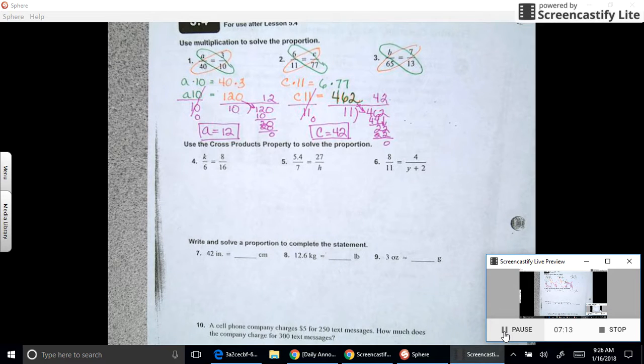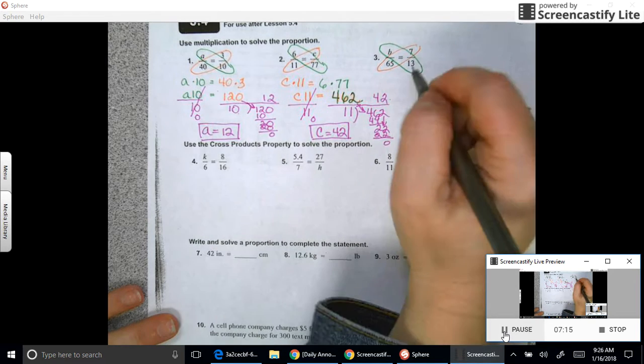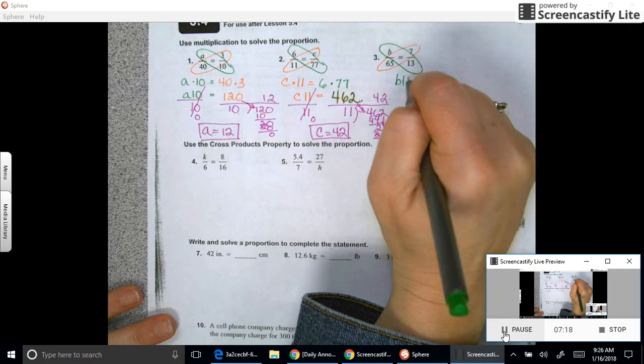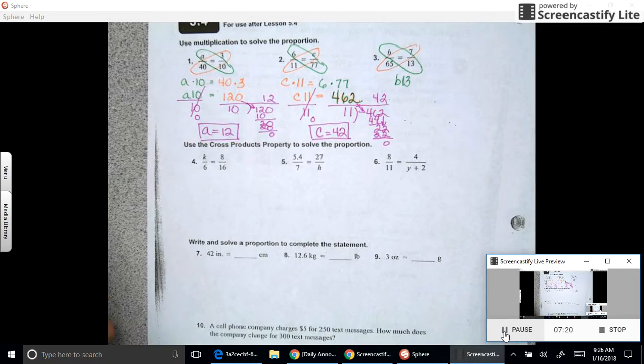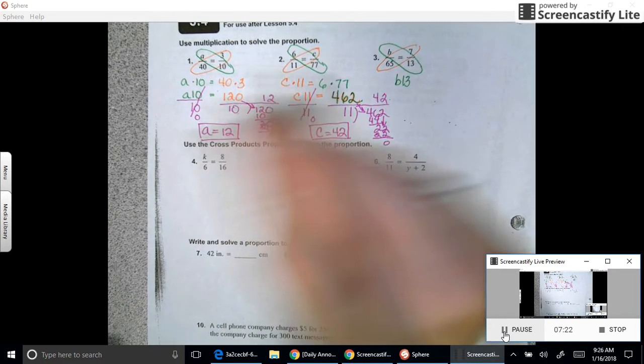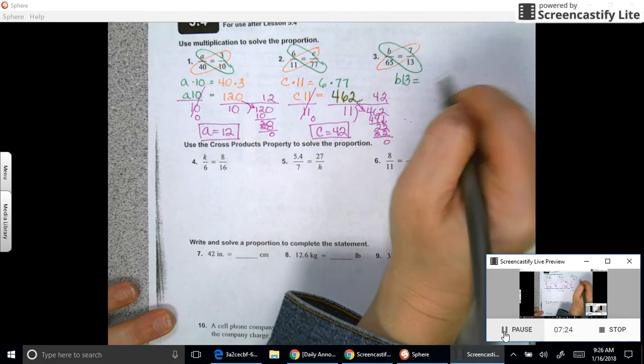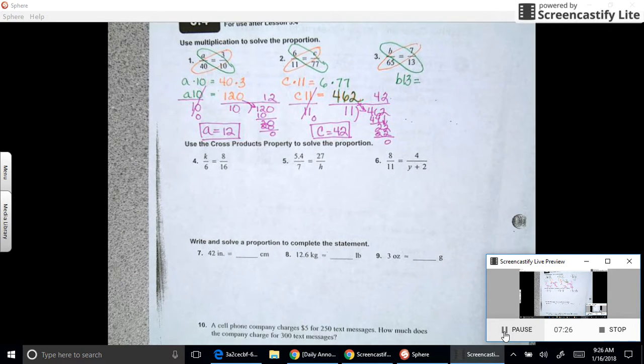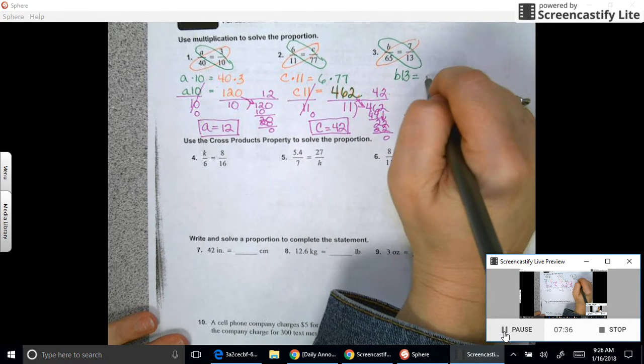Right? So we'll just write down b13. But now we need to know what 65 times 7 is. What is 65 times 7? 455. Yes, it's 455.